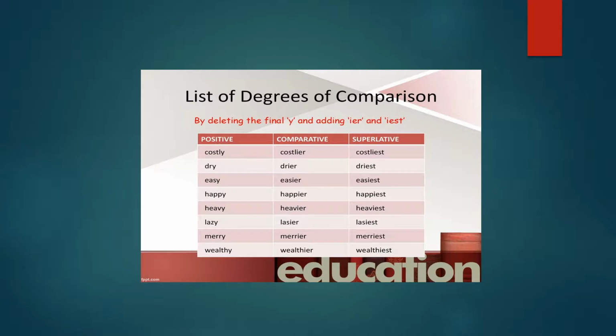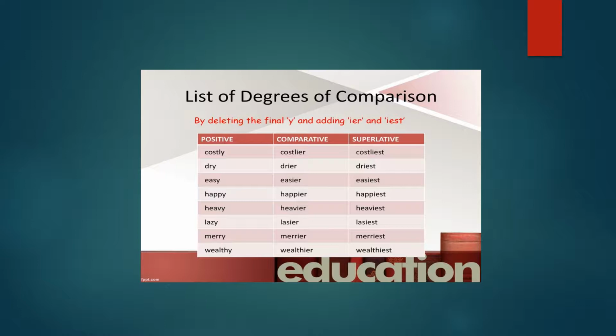Now, in this slide, we will learn more about the formation of comparative and superlative degrees by changing y into i before adding er and est to the positive degree. For example, busy, busier, busiest.